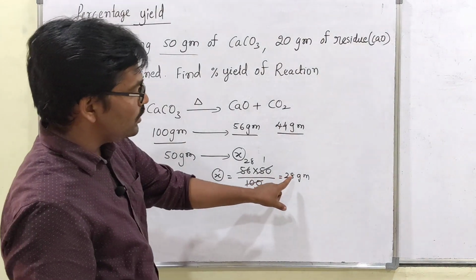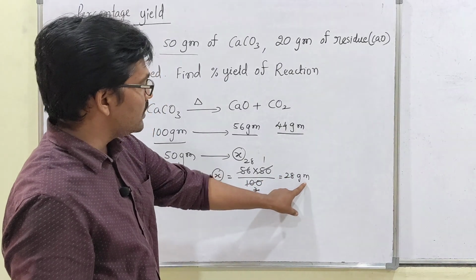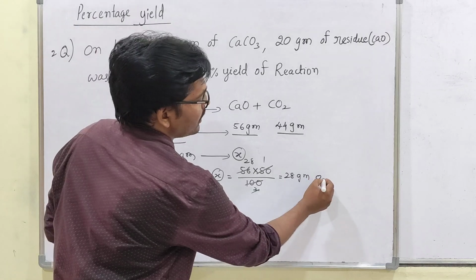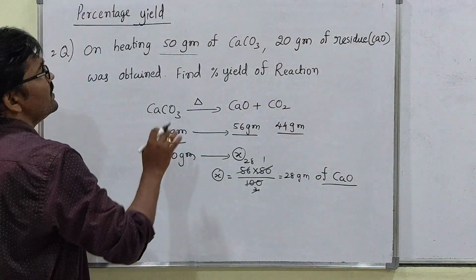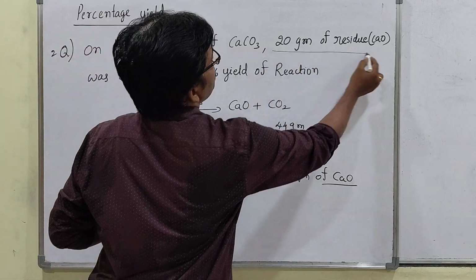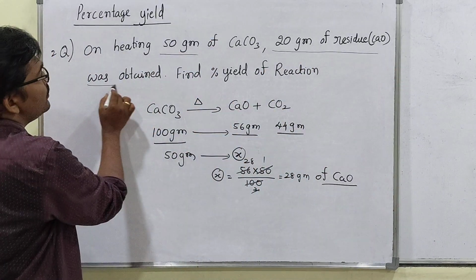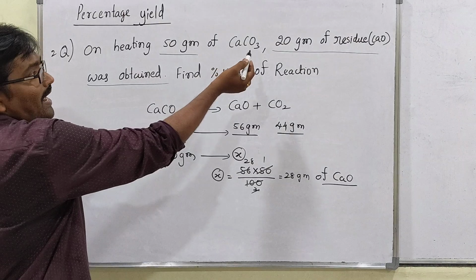So theoretically you have to get 28 grams of CaO. 28 grams of CaO, this is theoretical. But in the question they mentioned 20 grams of residue was obtained. So this is actual.